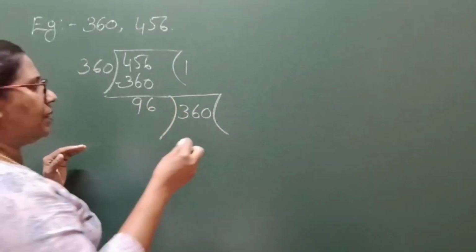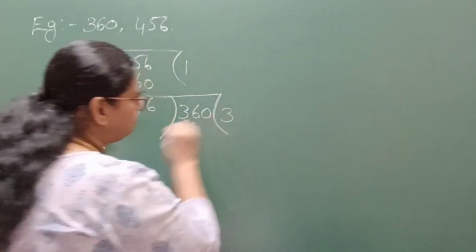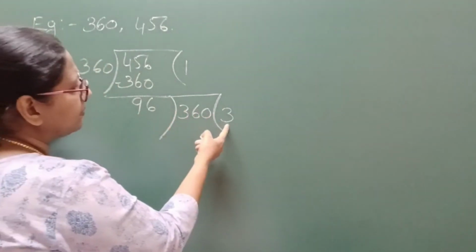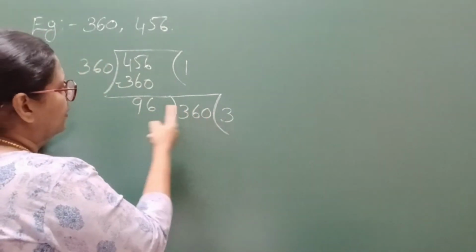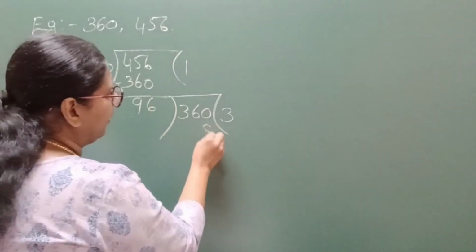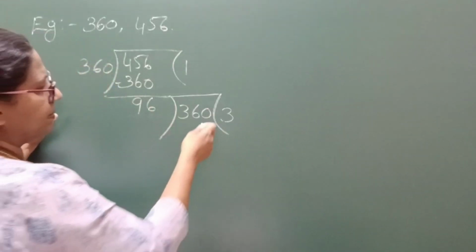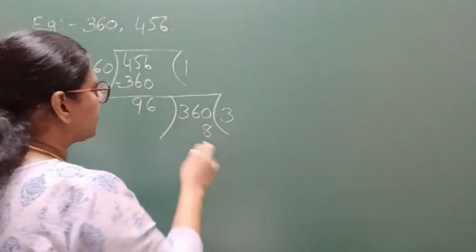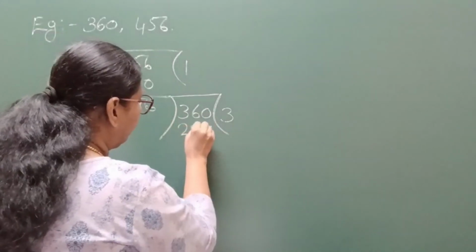That means 3 will take. Now you multiply 96 by this 3. 3 6s are 18, 1 balance. 3 9s are 27 plus 1, 28.